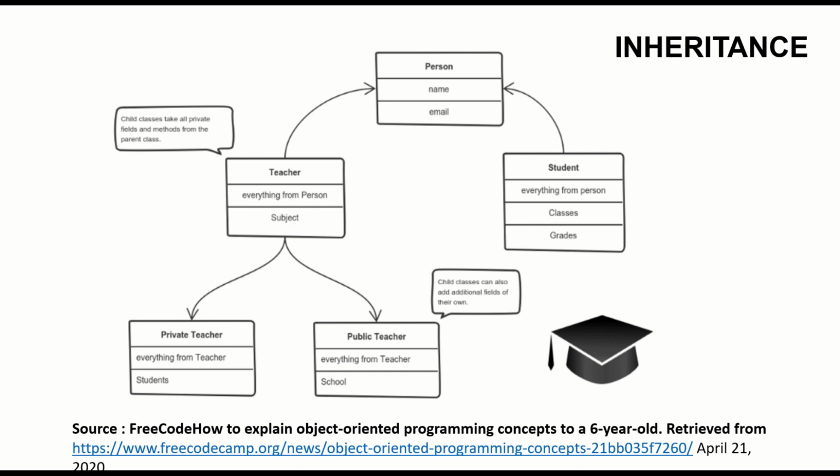And the private teacher child class can also inherit what is in the teacher attributes. The same goes for the public teacher. As you can see, all of these child classes have their additional fields. Therefore, these child classes take all the fields and methods from the parent class.